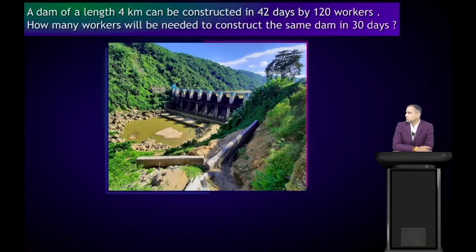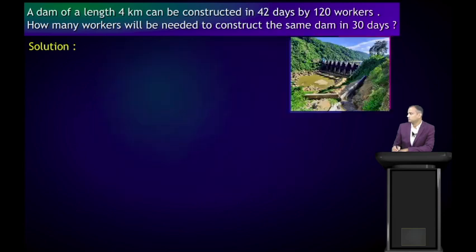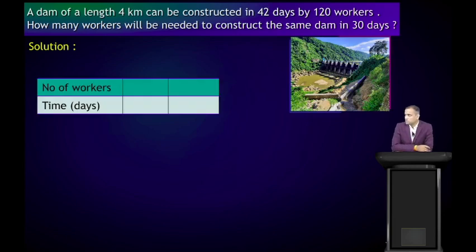Okay, now next question. A dam of length 4 km can be constructed in 42 days by 120 workers. How many workers will be needed to construct the same dam in 30 days? Again, what is given? The number of workers, then the time taken.